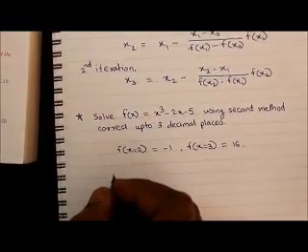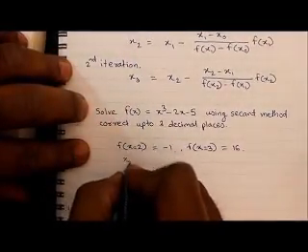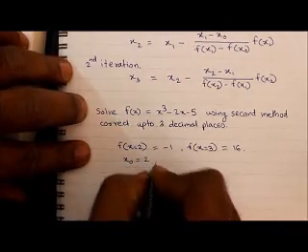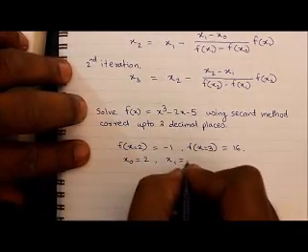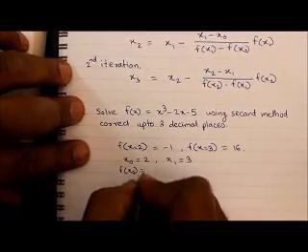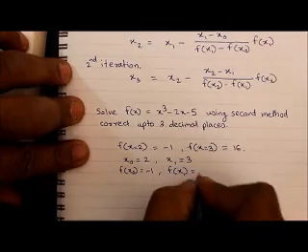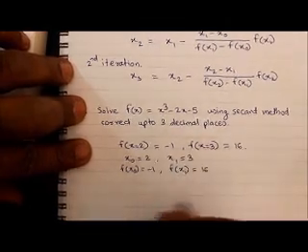So here 2, 3, let's write down x0 is equal to 2, x1 is equal to 3, f of x0 is equal to minus 1, f of x1 is equal to plus 16.